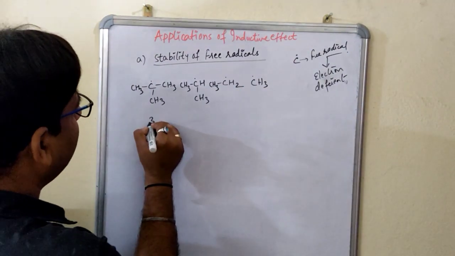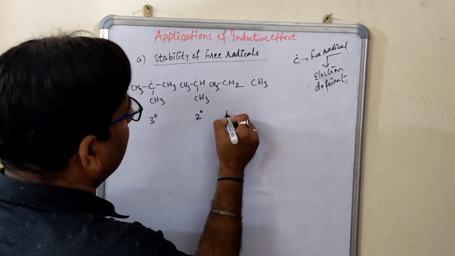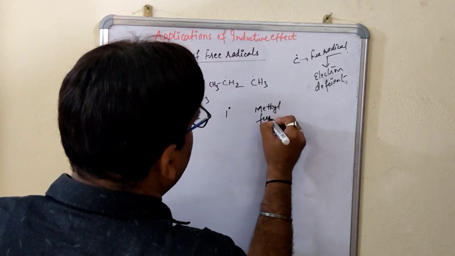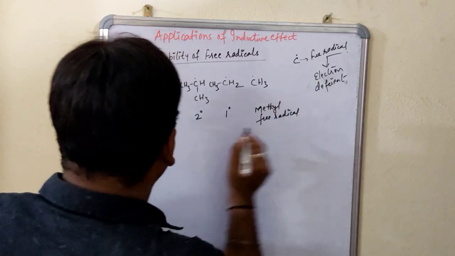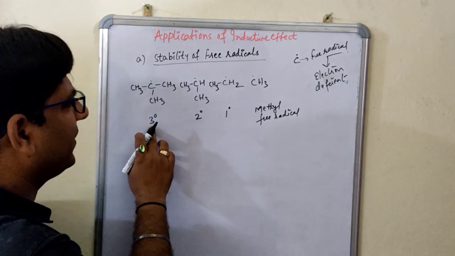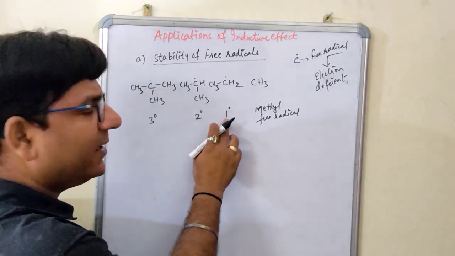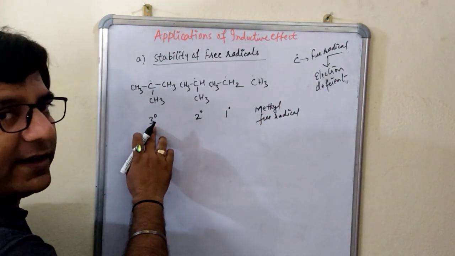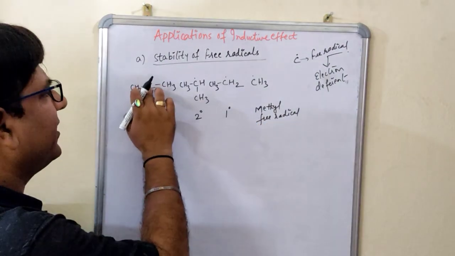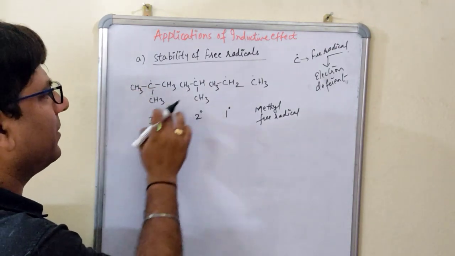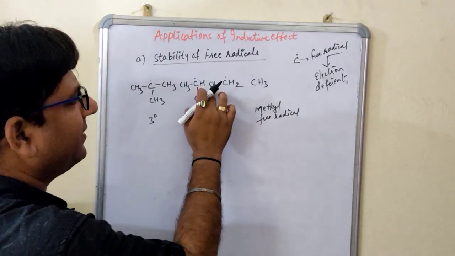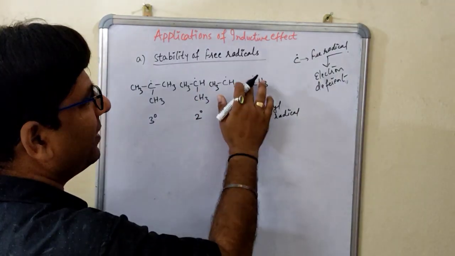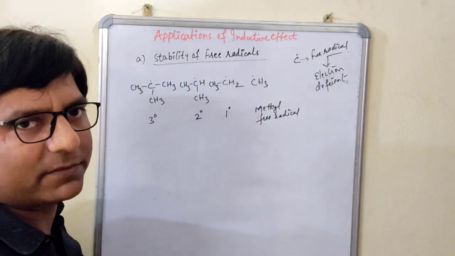This is the 3 degree, this is 2 degree, this is 1 degree, and this is the methyl free radical. This is 3 degree free radical, 2 degree free radical, 1 degree free radical, and the methyl free radical. And you know why I am saying 3 degree? Because this is the carbon carrying the free radical and directly linked to 3 carbons. Here it is directly linked to 2 carbons, here to 1 carbon, and here there is no other carbon to which this carbon carrying a free radical is directly connected.